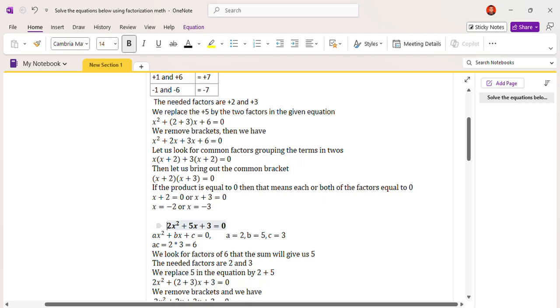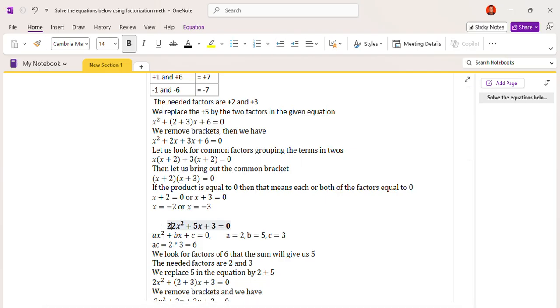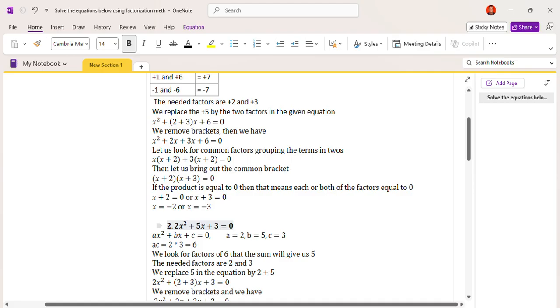Yeah, this should be 2. So number 2, we have 2x squared plus 5x plus 3 equals to 0.